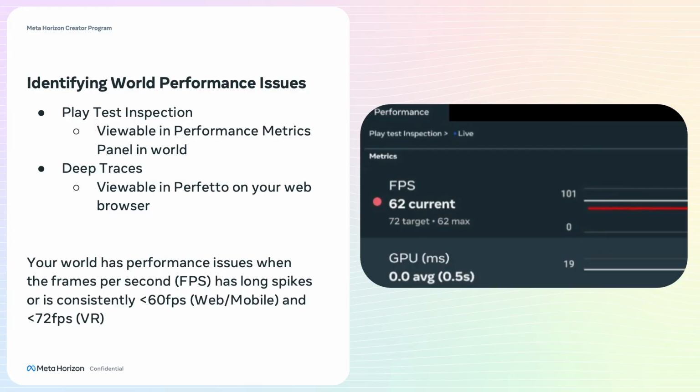So just to make a quick note here, what does it mean when you're having performance issues is when your frames per second has long spikes or is consistently under 60 frames per second in web and mobile and 72 frames per second in VR.